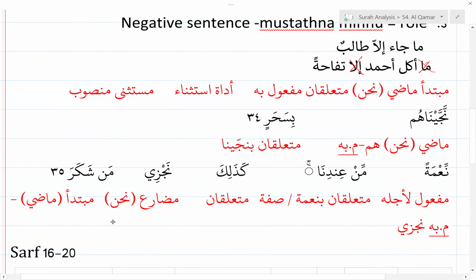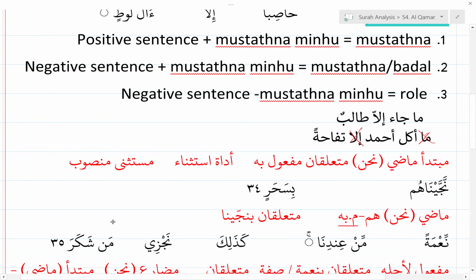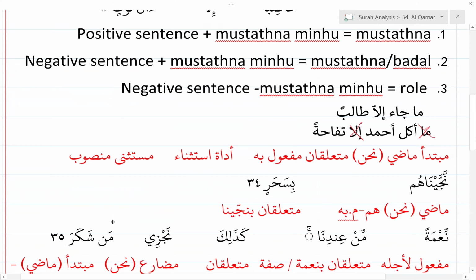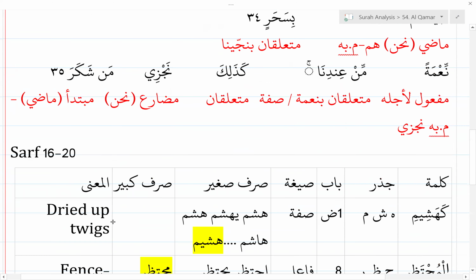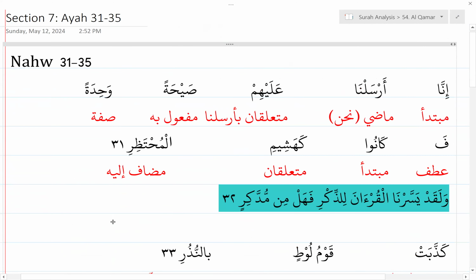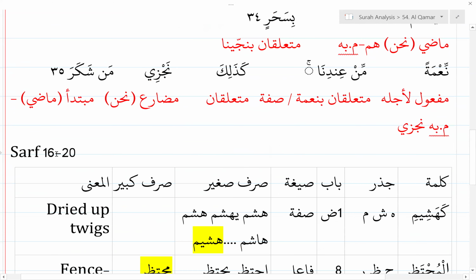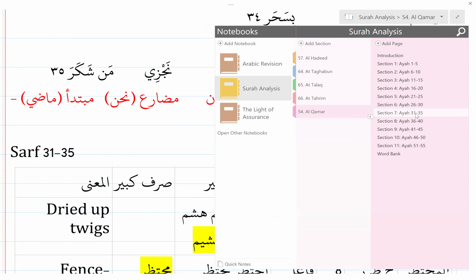I think we are almost at time, so that was a good revision. Unless there's any other questions, I think that's a good point to stop. Oh, this is supposed to be 31 to 35. Okay. Yeah, that's a good point to stop, because even in the explanation, I think we're going to start from this portion, 31 to 35, next week.